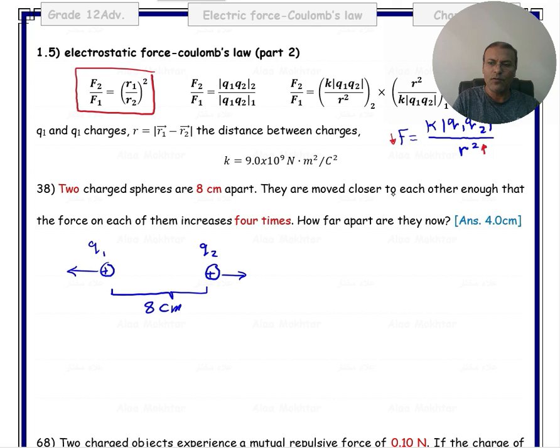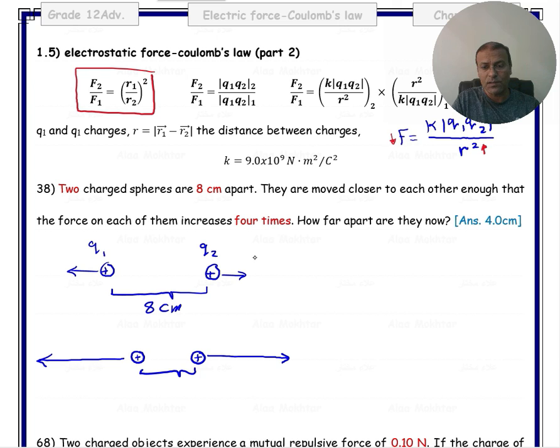They are moved closer to each other. We take the same charges and move them closer to each other. Exactly, the force will increase because the charges move closer to each other.